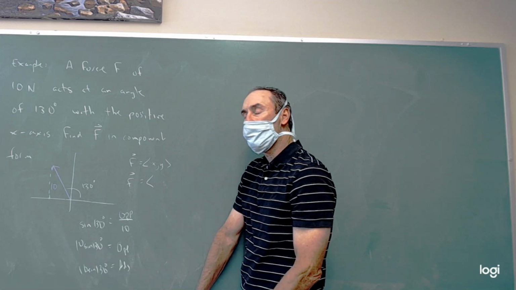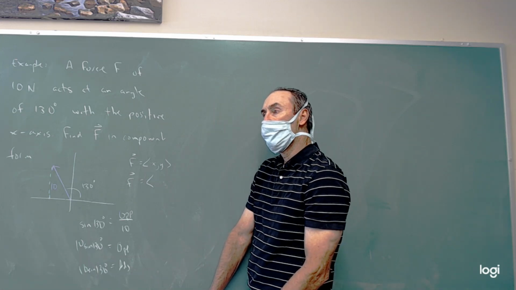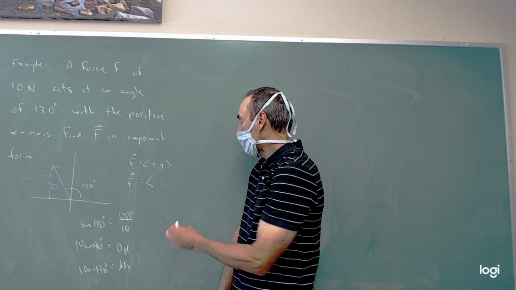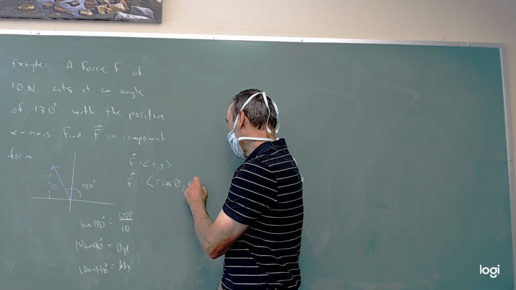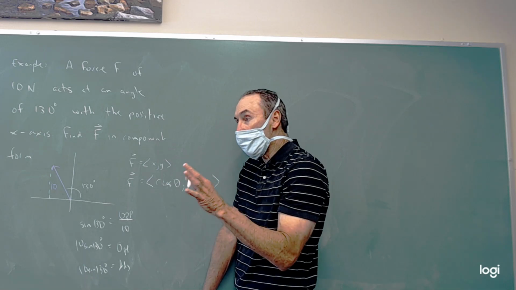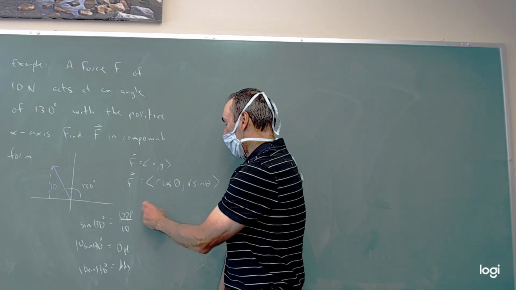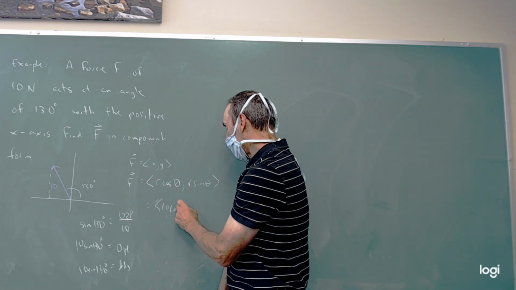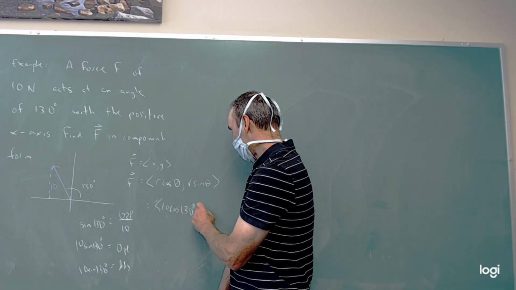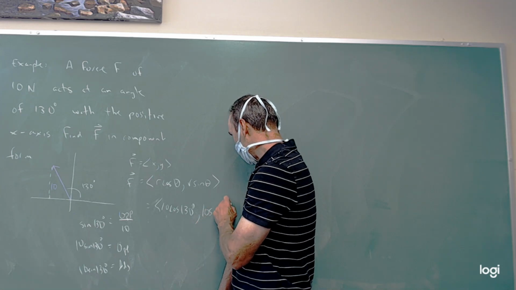Follow what Alex is doing there? Okay, and this is sometimes called r cosine theta, r sine theta, which you may have seen, but the way you're thinking about it is exactly right. And so that's going to be 10 cosine of 130 degrees and 10 sine of 130 degrees.